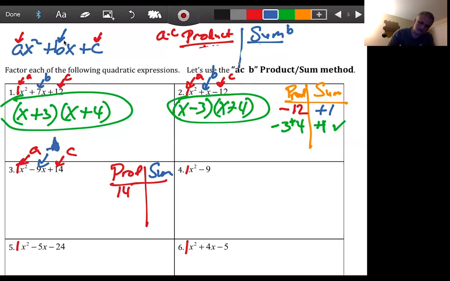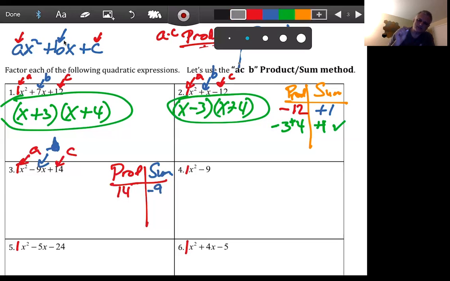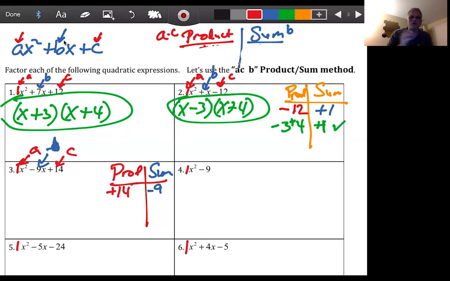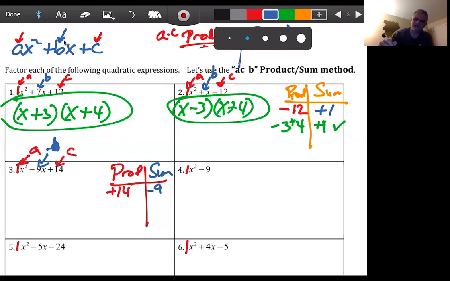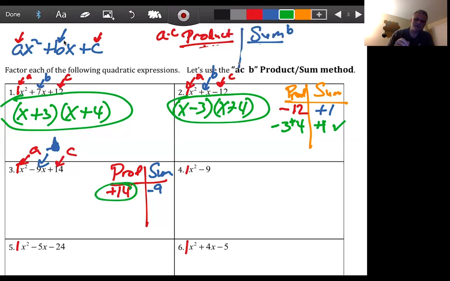That's my B. Okay, so I need two numbers who multiply together, have a product of positive 14, but add them together, their sum is negative 9. Okay, so remember, it's either positive times positive or negative times negative to give you the plus 14. Okay, well, they're going to add to negative 9, right? It's going to be negative times negative.